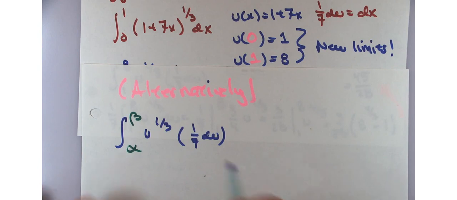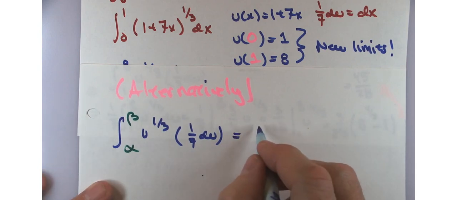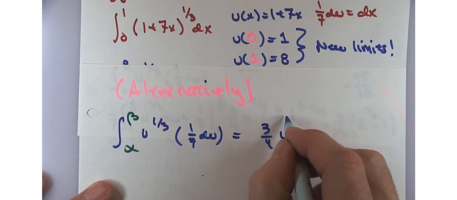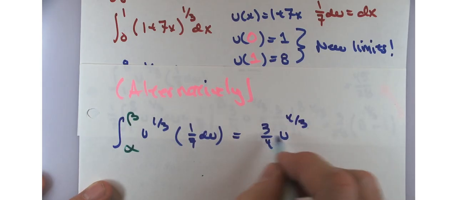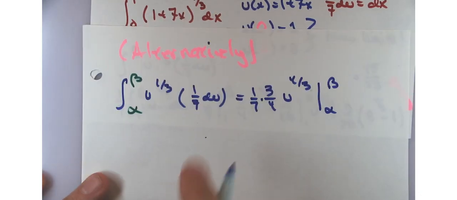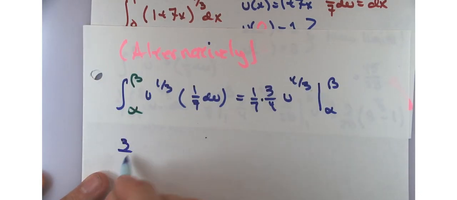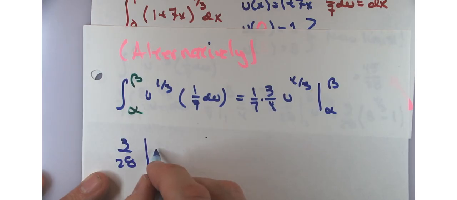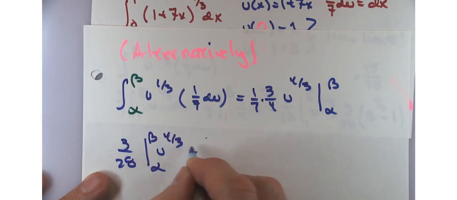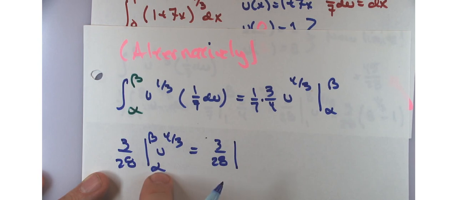Then we'll find our antiderivative. That's going to be 3/4 of u to the 4/3, and then I'll have the 1/7 out in front between alpha and beta. Then I'll rewrite that as 3/28 times u to the 4/3 between alpha and beta. Now I'm going to go back and substitute in for my original variable.